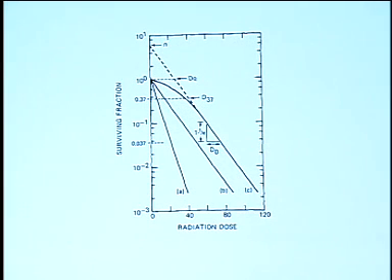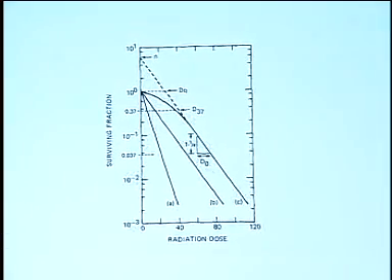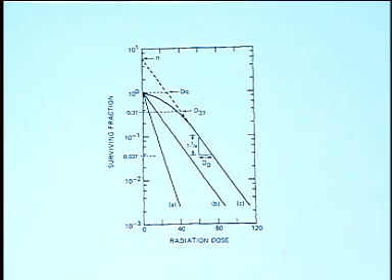To continue the lecture on radiation biology, the curve on the right, where's the red light here, is a typical curve for a radiation-resistant bacteria with its shoulder.